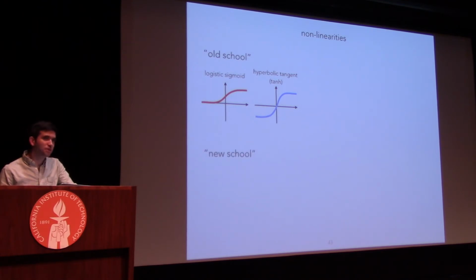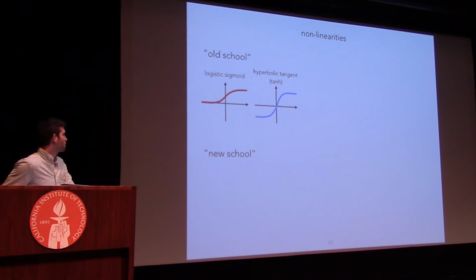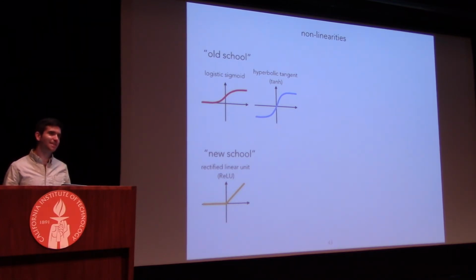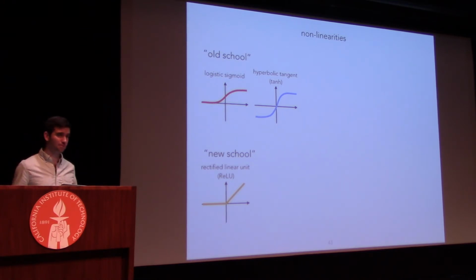Those were the standard for a long time, but the new school, I would call them, are these forms of nonlinearities. The main one being the rectified linear unit. What that is, you just take the maximum between your input and 0. So if your input is negative, it's 0 now.